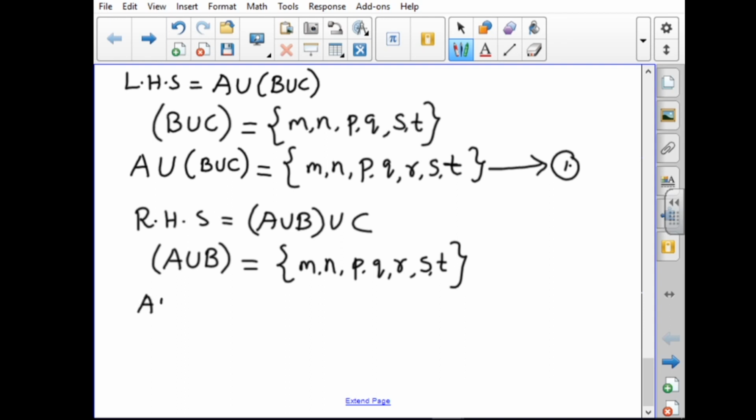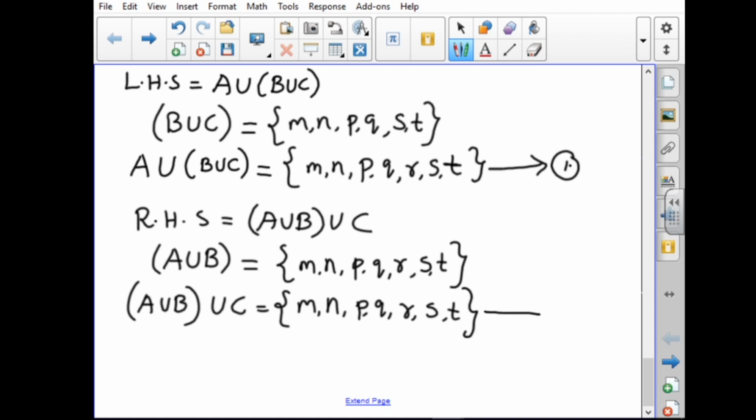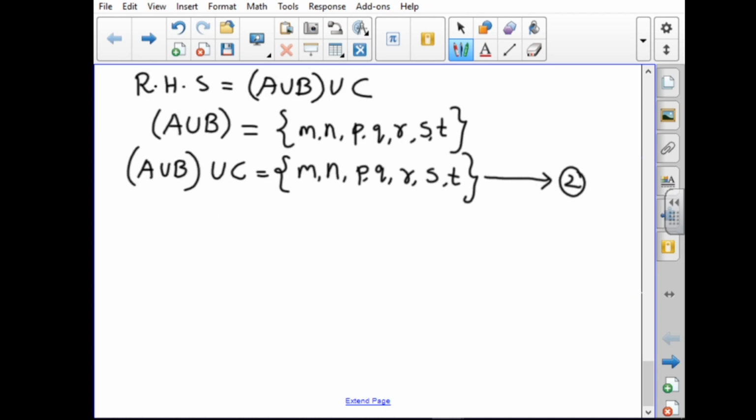Then next, (A union B) union C. For this you should join the set A union B to C. So that means you will get {M, N, P, Q, S, T}. This is equation number 2. See the equations, first one and second one.